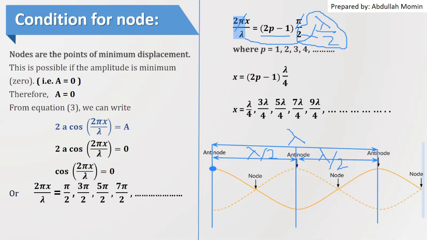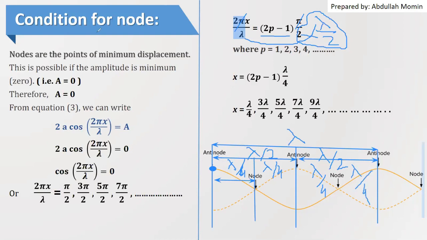Now lambda by 2 is further divided into two equal parts, and half of lambda by 2 is lambda by 4. So this distance is lambda by 4, this distance is lambda by 4, this distance is lambda by 4, and this distance is also lambda by 4.